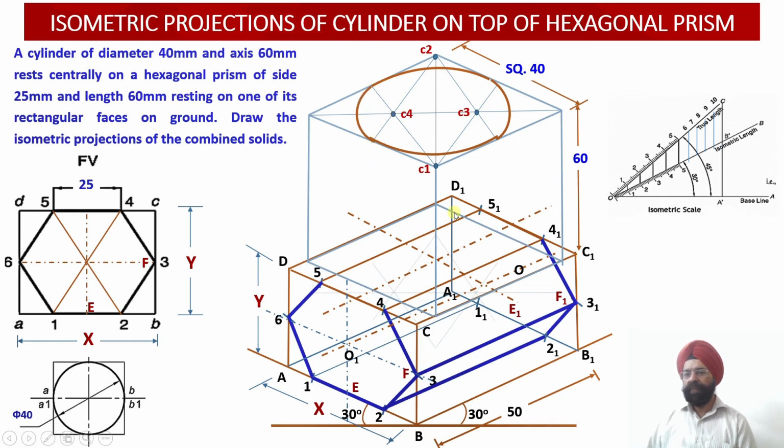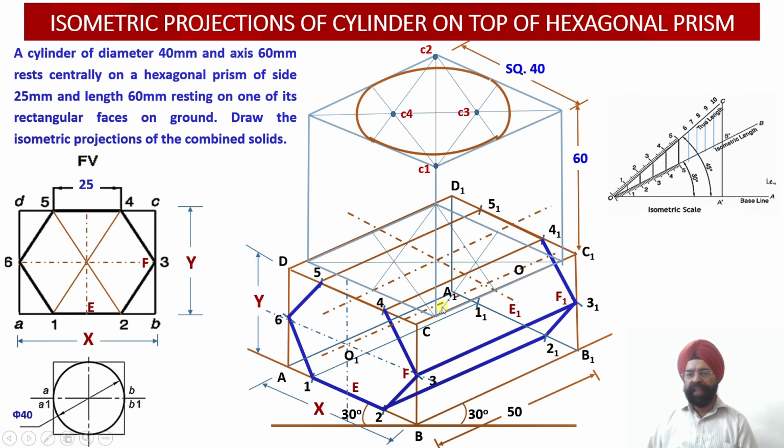Similarly, four arcs will be drawn corresponding to the circular portion of the cylinder at the bottom. So once again, there is the major diagonal, there is the minor diagonal. Had we not removed those lines, you can see there would have been so many interfering lines over there. Now this is the minor diagonal.